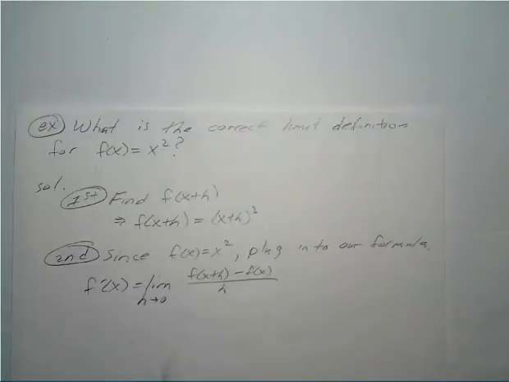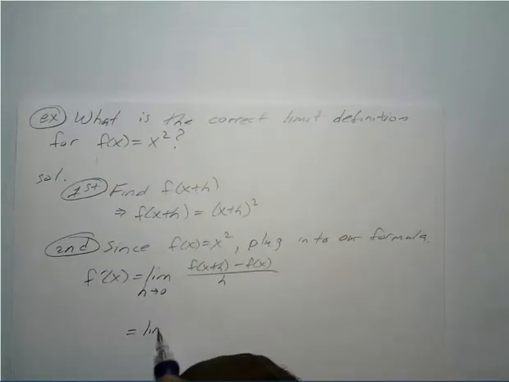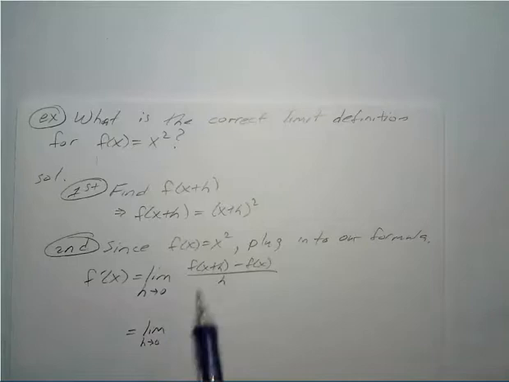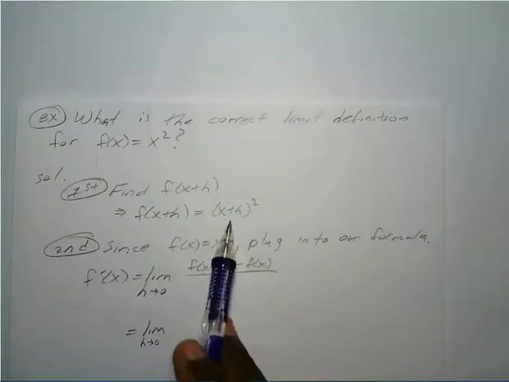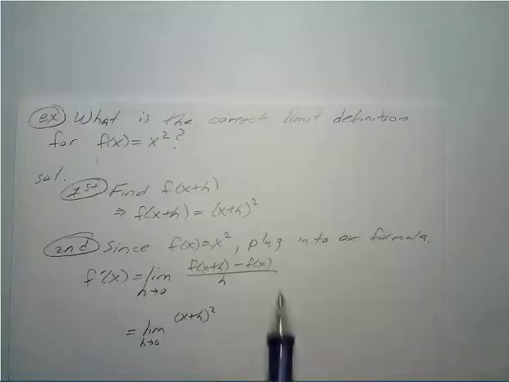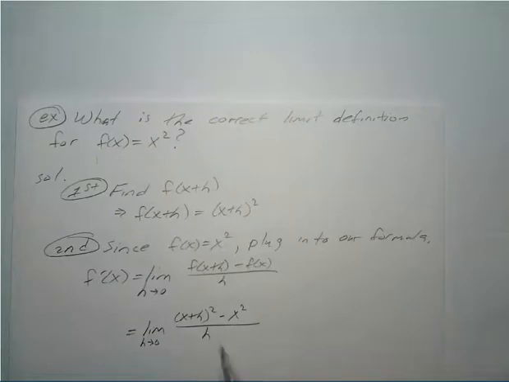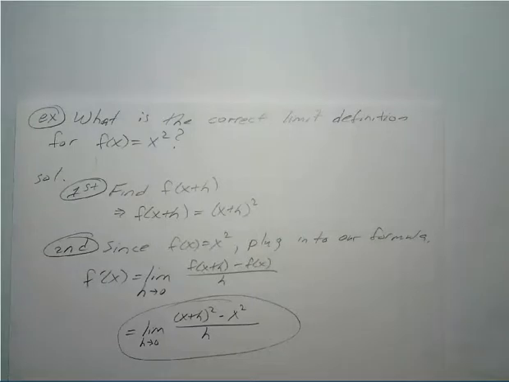So if we go ahead and plug it in, that means it's going to equal the limit as h approaches 0 of f of x plus h, which is x plus h squared, minus f of x, minus x squared, all over h. Okay, so that's the limit definition for f of x equals x squared. Alright?